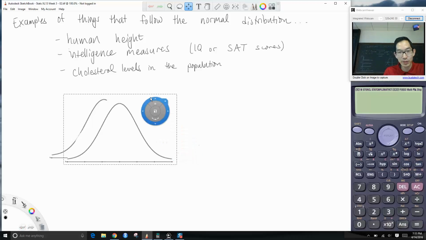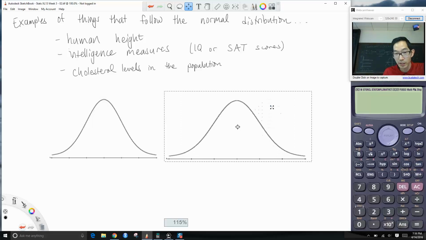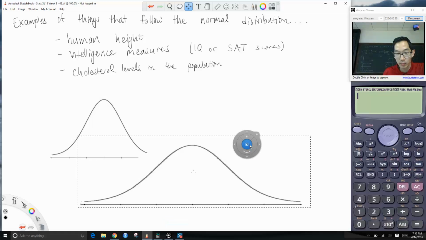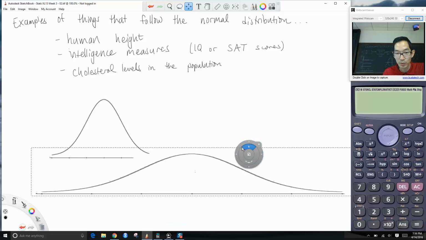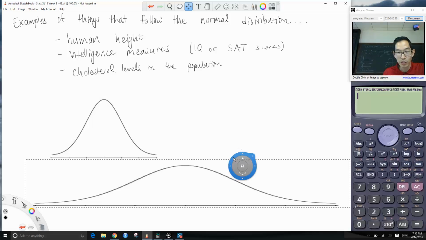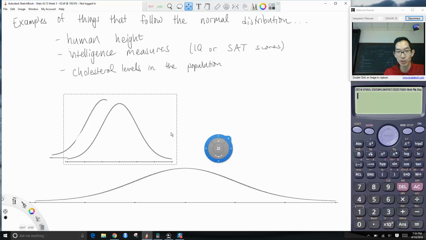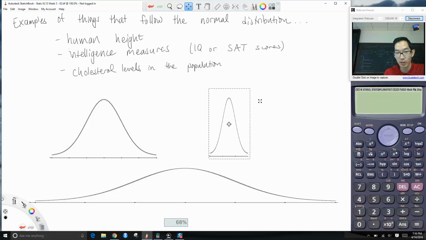We can scale it, stretch it out this way, or squish it, so you can have normal distributions that are spread out like this. You can have normal distributions that are really skinny also, but these are still examples of normal distributions.